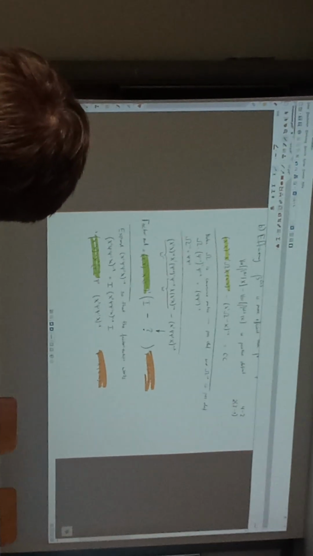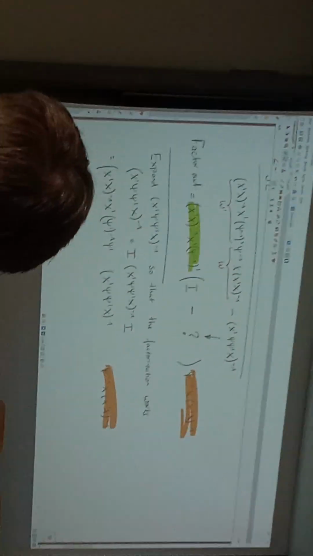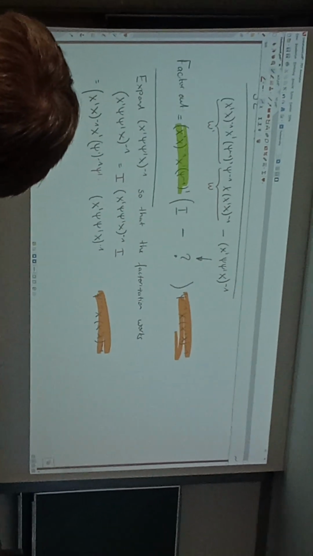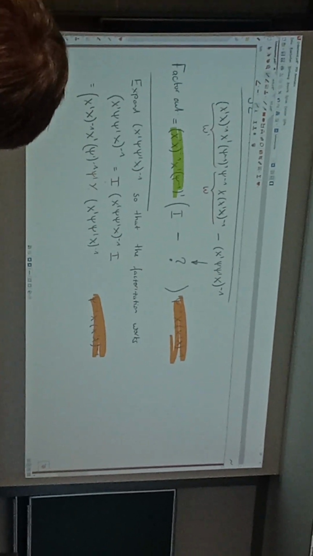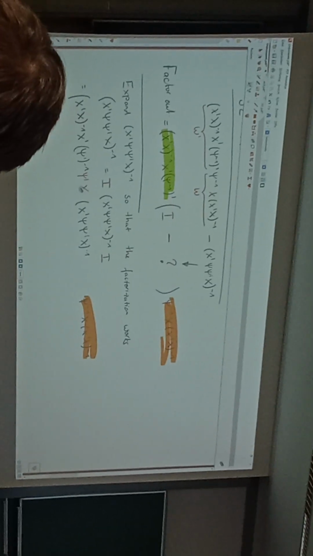So we multiply it by phi prime, and then we're left with x prime x inverse x prime. And if we multiply that by x, then we get x prime x inverse x prime x, right? And that's also given.